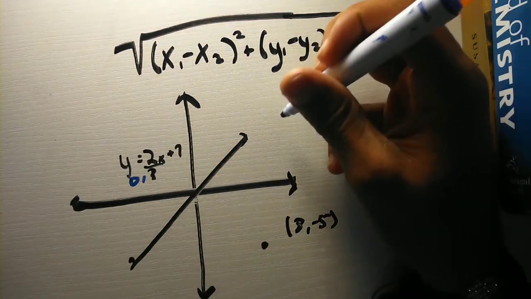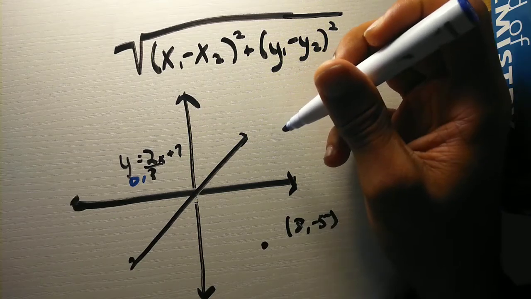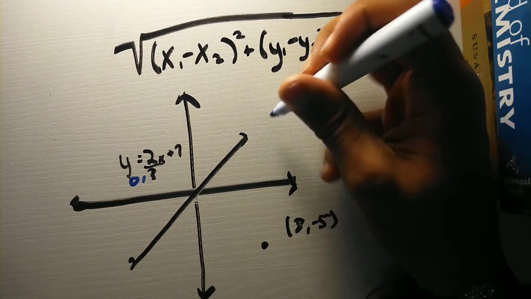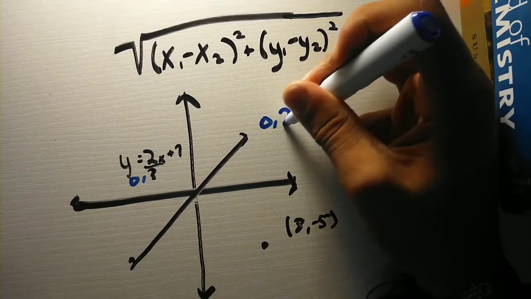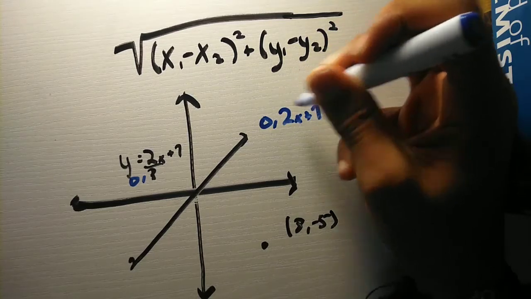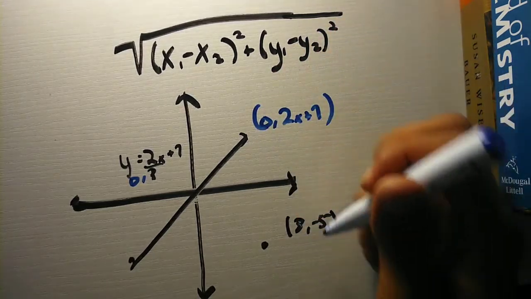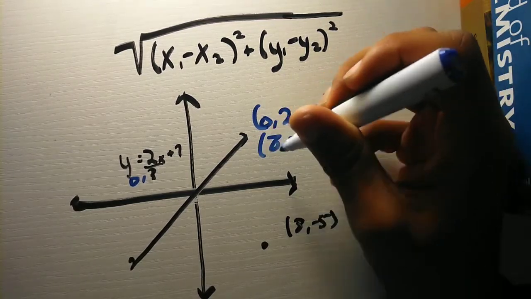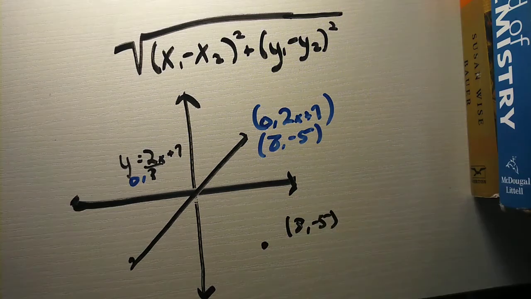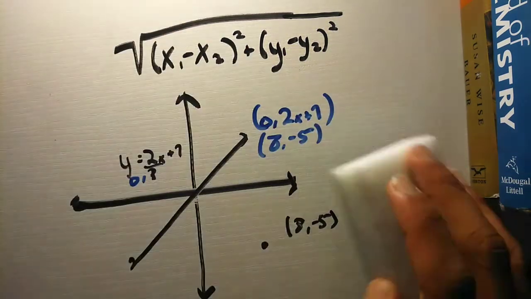So we have the coordinates 0, comma, 2x plus 1, and we have 8, comma, negative 5. Now I'm going to make some space so we can start getting onto this equation.